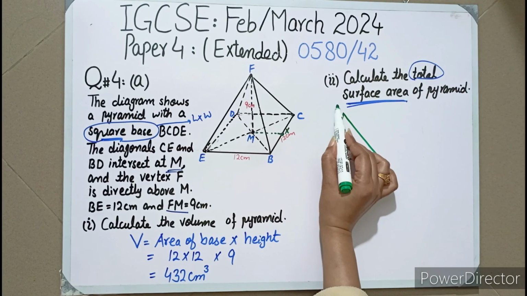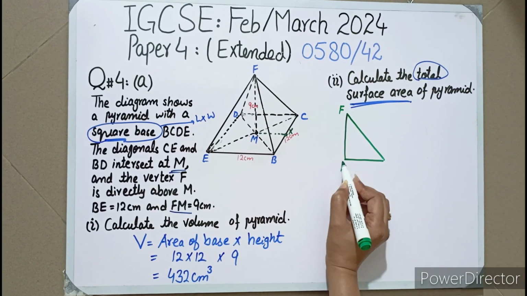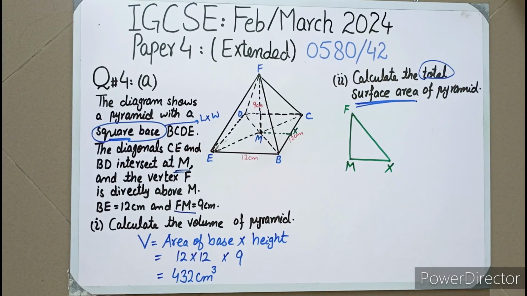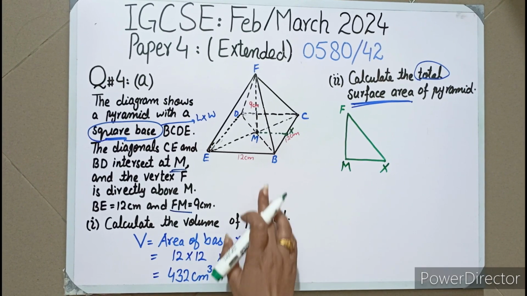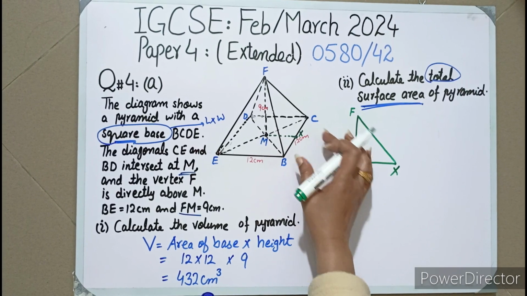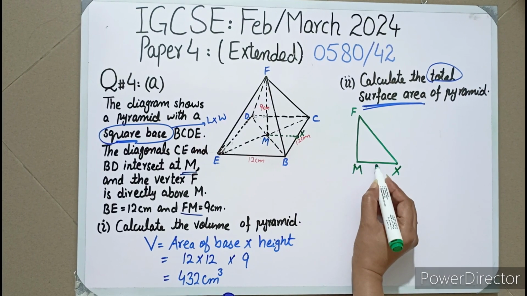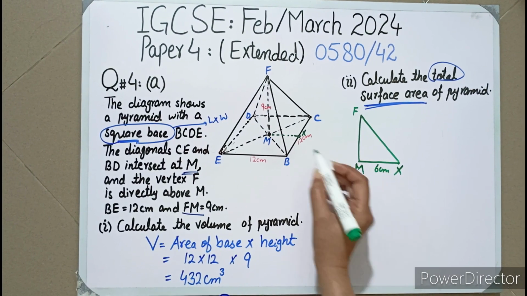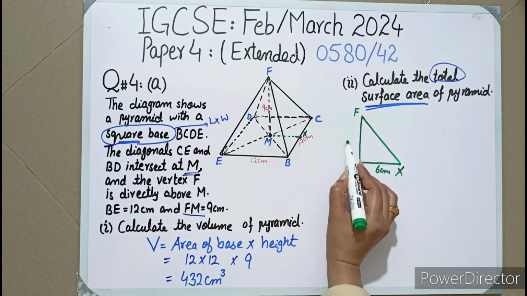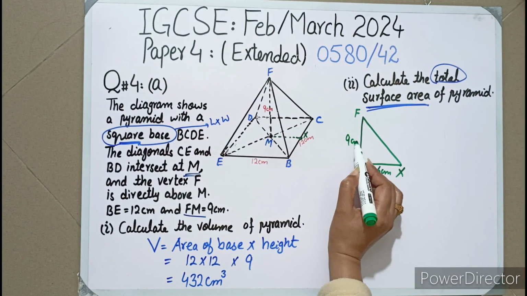This is point F, this is point M, and let me denote this point as X. As I know that M is a midpoint, so if the total length is 12, the half of it will be 6 cm. Whereas the figure clearly indicates the height FM as 9 cm.